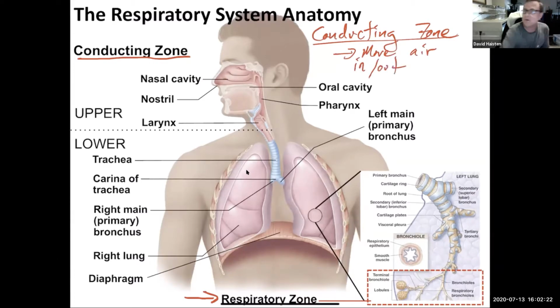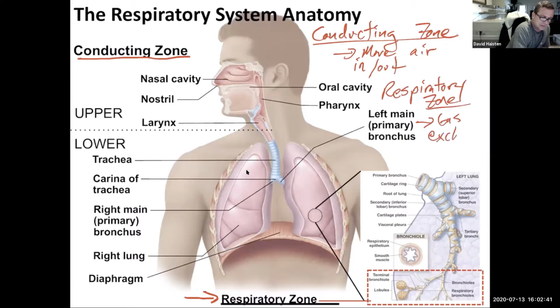Move air in and out of your lungs. Okay, the respiratory zone. Gas exchange. What does that mean? Oxygen in, carbon dioxide out. Oxygen in your blood, CO2 out.